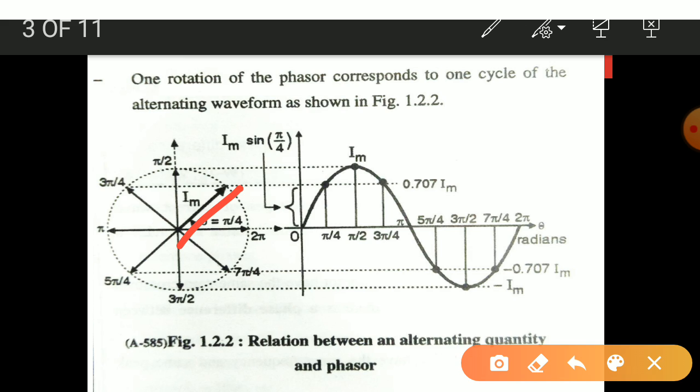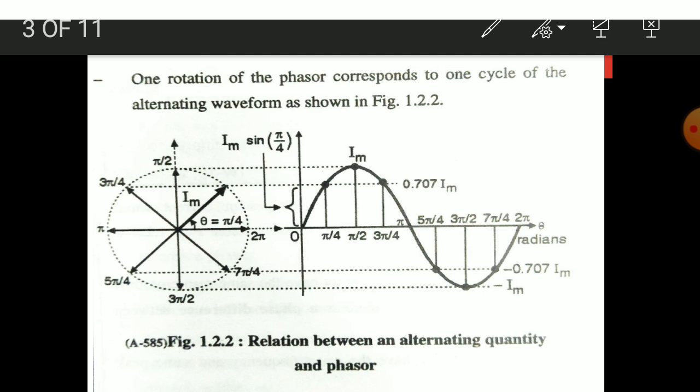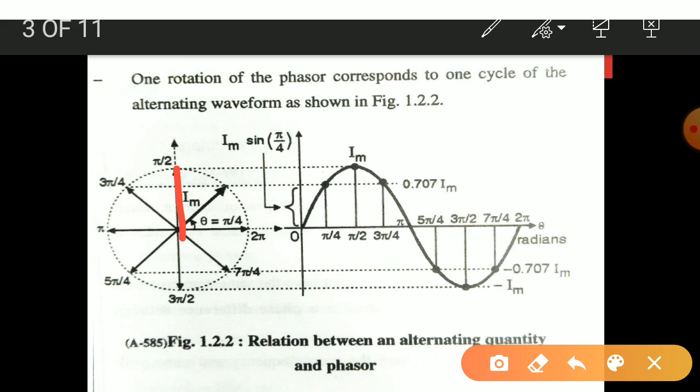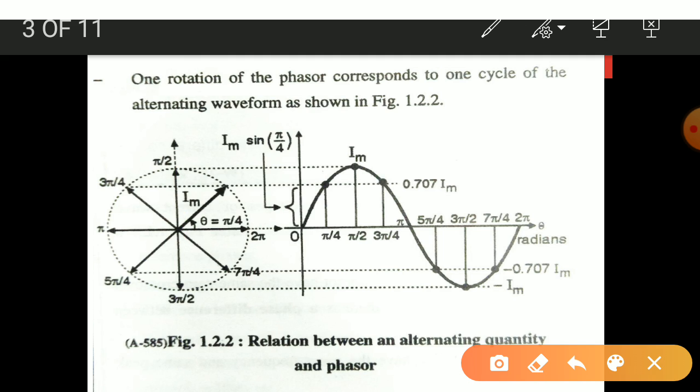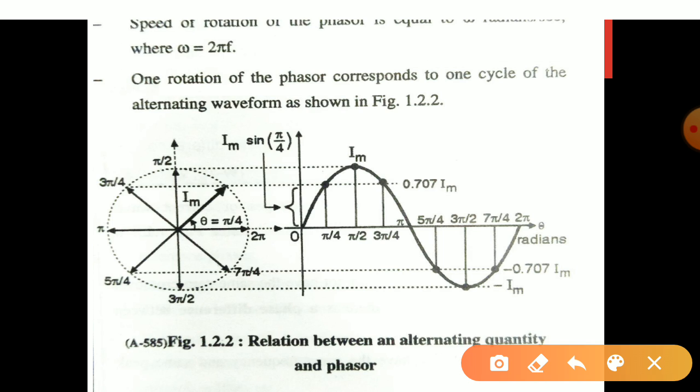And at angle 90 degrees, this much. At 90 plus 45, 135 degrees, the phasor is here. And at 180 degrees, at this point, this is how it should be drawn.